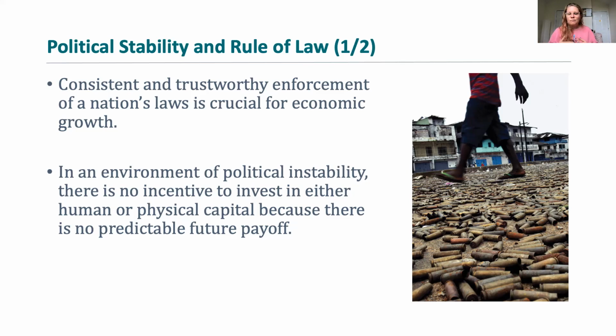And we talked about in an earlier lecture how not well Liberia is doing right now, right? So nothing was done with that aid to eliminate the instability. And therefore, there was no environment that was fostering any kind of economic growth.